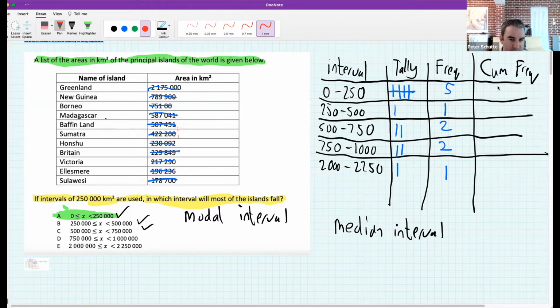It'll be 5. Yes, because we're accumulating them. But then when we go to the second row, how many items occurred from the very beginning up to this interval? So what's this one going to be? 6. Because I've got the 5 from the beginning plus the 1, which is 6.